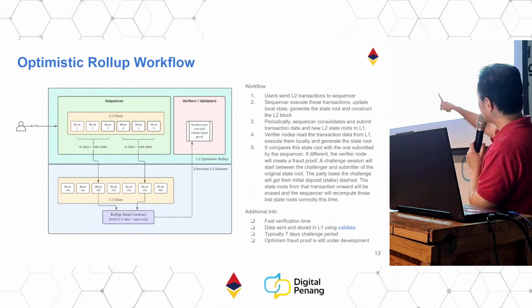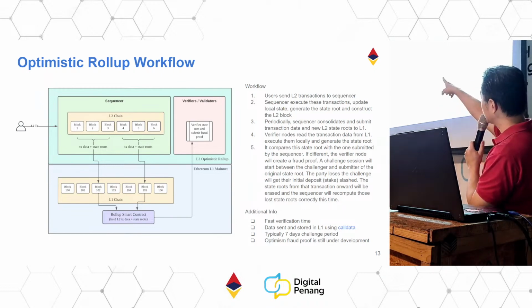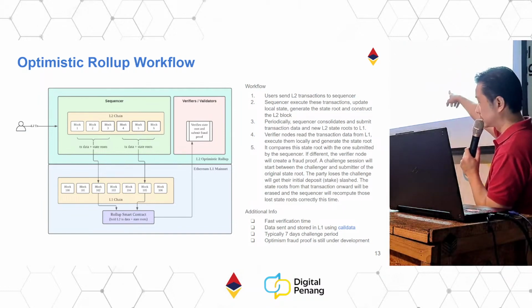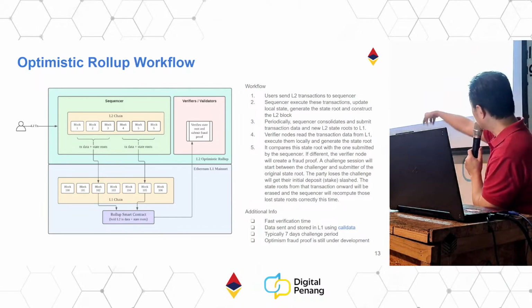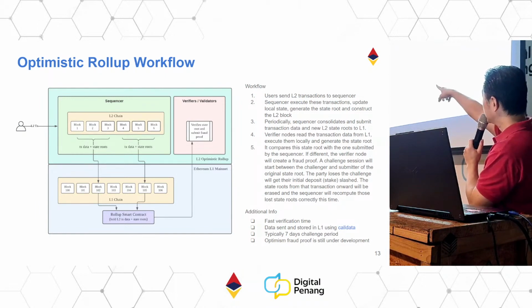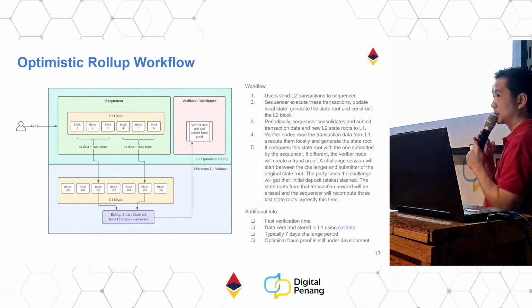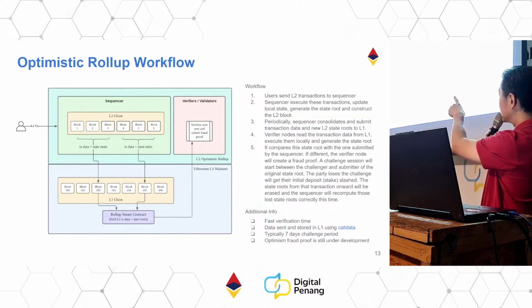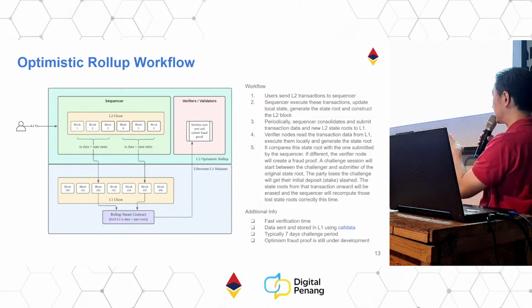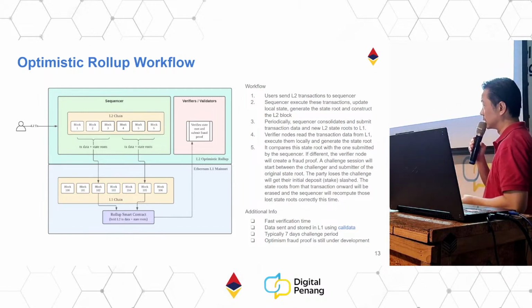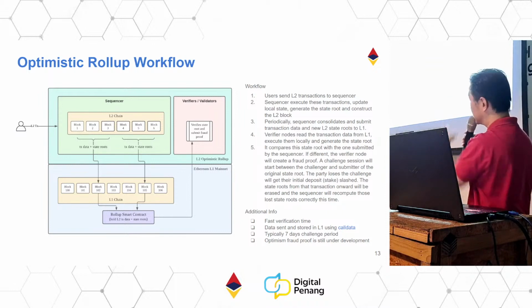So for a rollup to work, the box at the top is the rollup and the box at the bottom is the Ethereum, okay? On the rollup side, we have something called a sequencer, right? Instead of sending the transaction to Ethereum, users now send the transaction to the rollup, into a sequencer.